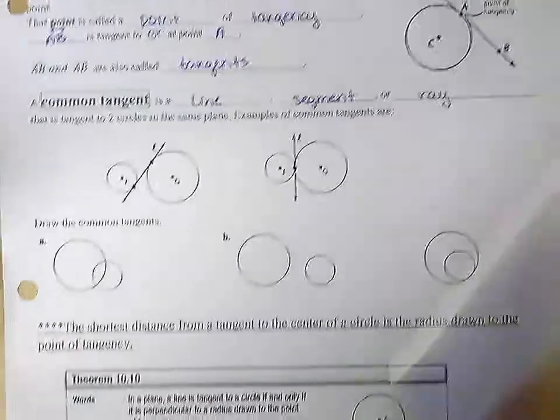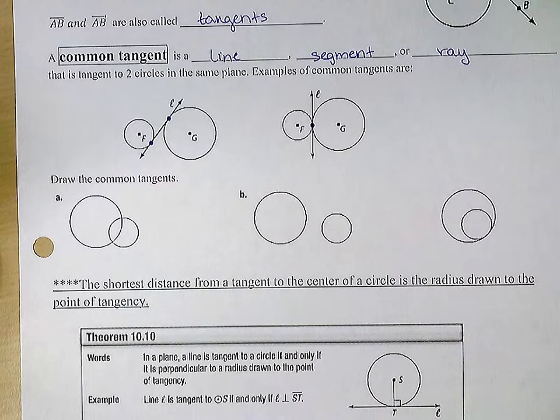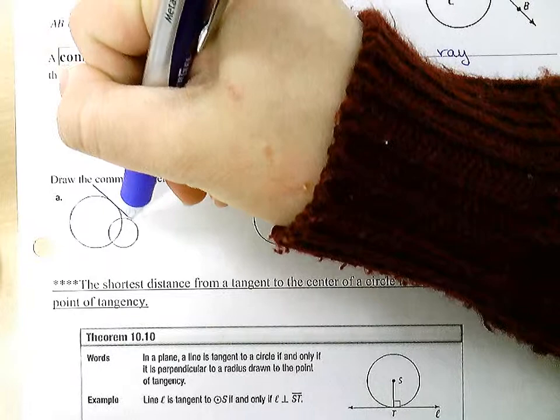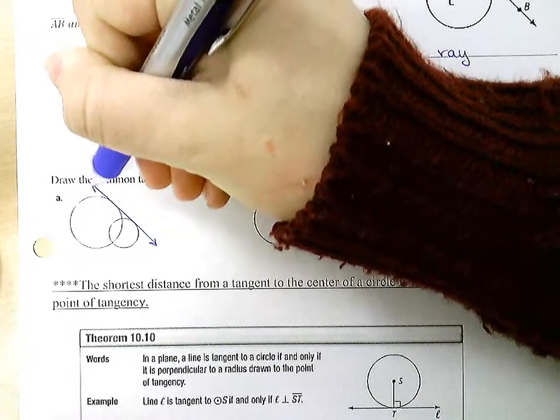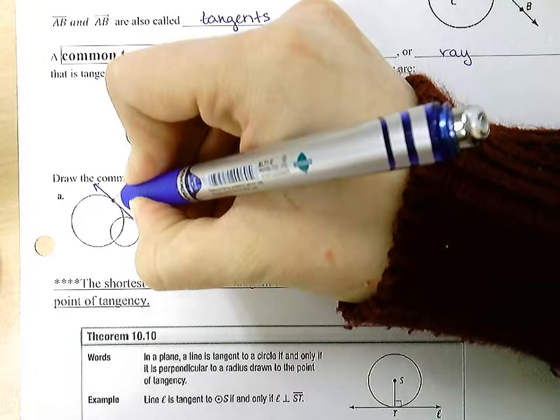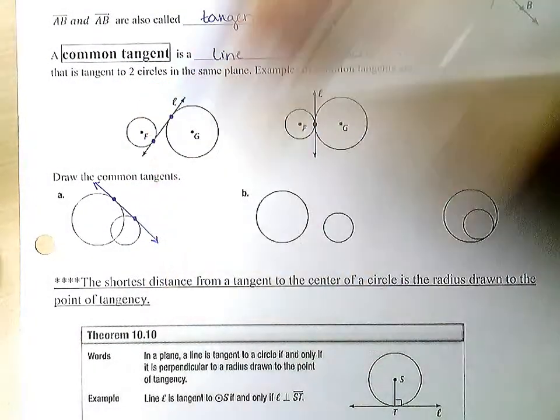So in these next few examples here, we are going to draw in all of the common tangents. So for letter A, I do have two. Okay, I could draw in a common tangent this way. Okay, so that line hits that larger circle at this point and the smaller circle at this point.